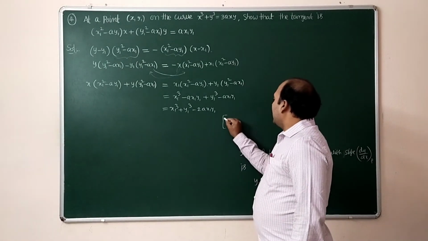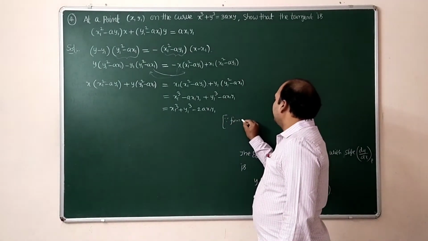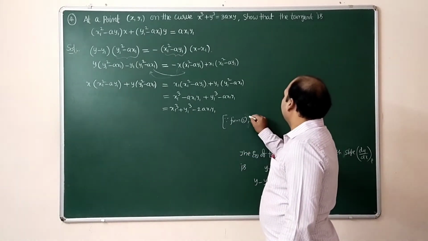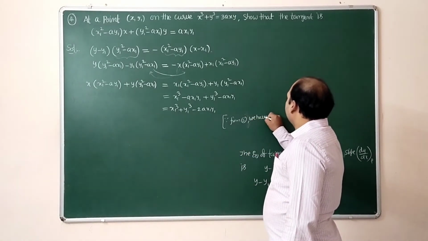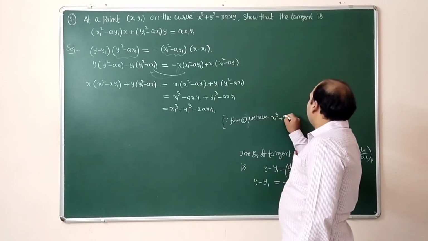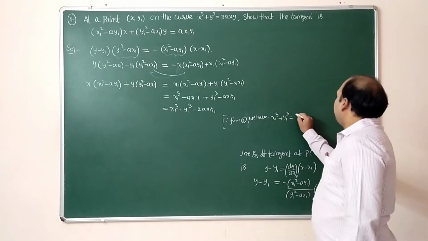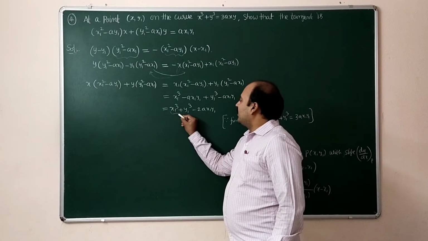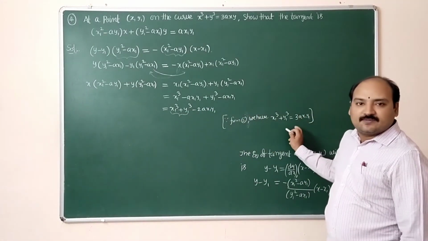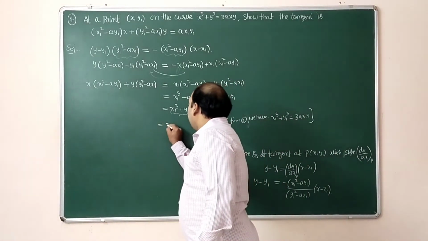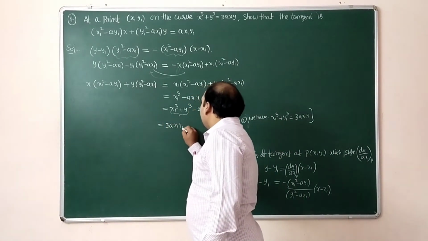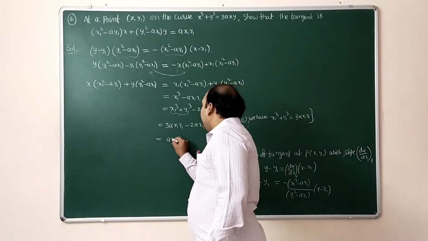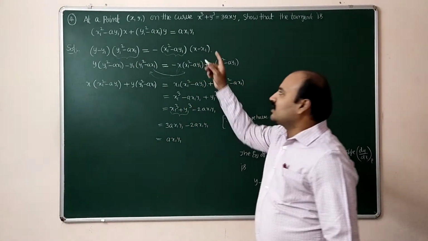Since from equation 2, we have x1 cube plus y1 cube equal to 3a x1 y1. So in place of x1 cube plus y1 cube, you have to replace with this value. So that is equal to 3a x1 y1 minus 2a x1 y1, which is equal to a x1 y1. That only they are asking to prove.